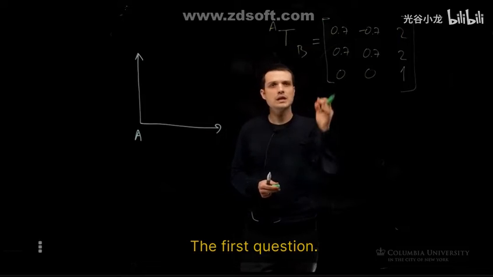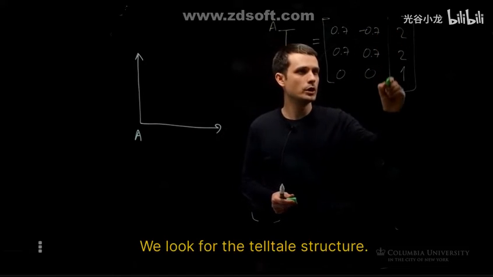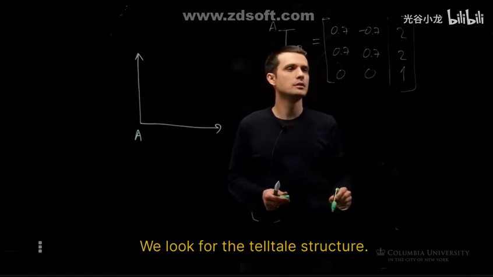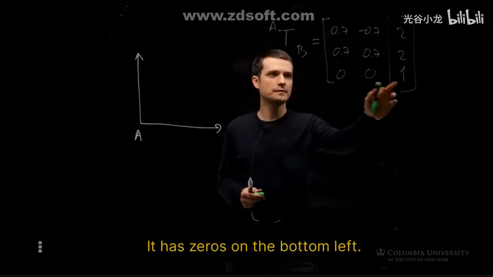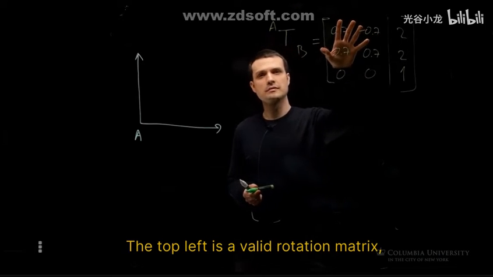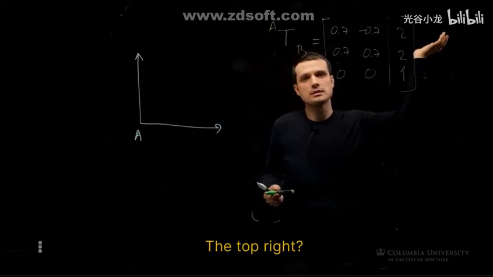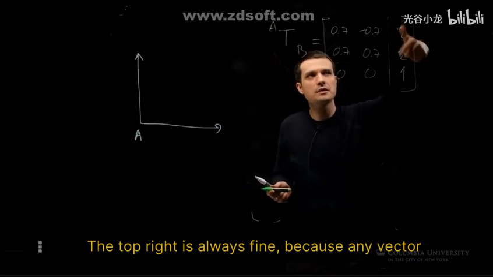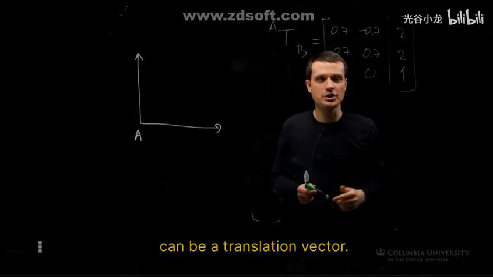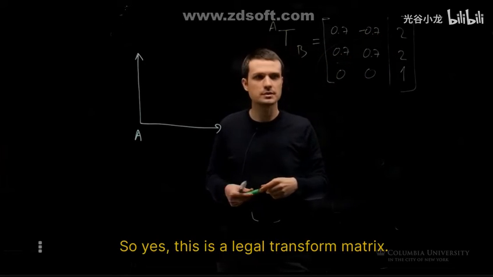The first question, is this a valid transform matrix? We inspect it. We look for the telltale structure. It has zeros on the bottom left. It has a 1 in the bottom right. The top left is a valid rotation matrix because it's orthonormal. The top right is always fine because any vector can be a translation vector. So yes, this is a legal transform matrix.